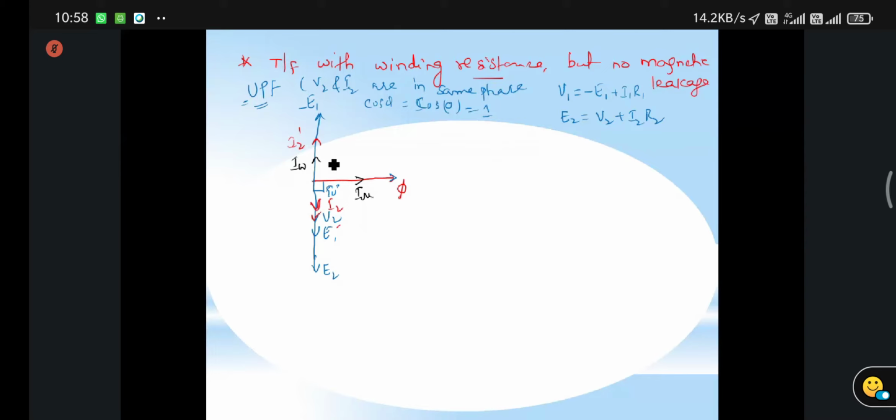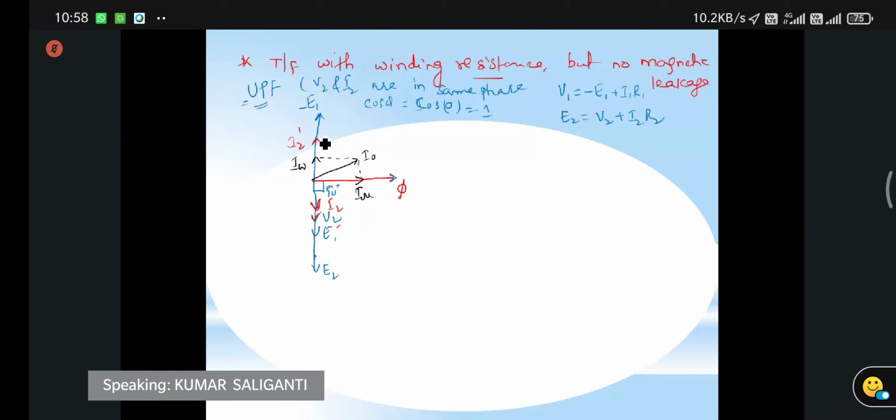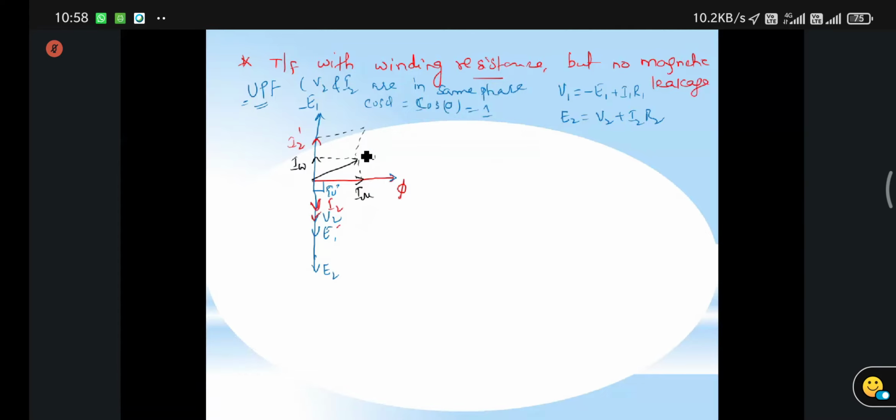And if you extend these lines again, then you can get I1 here.